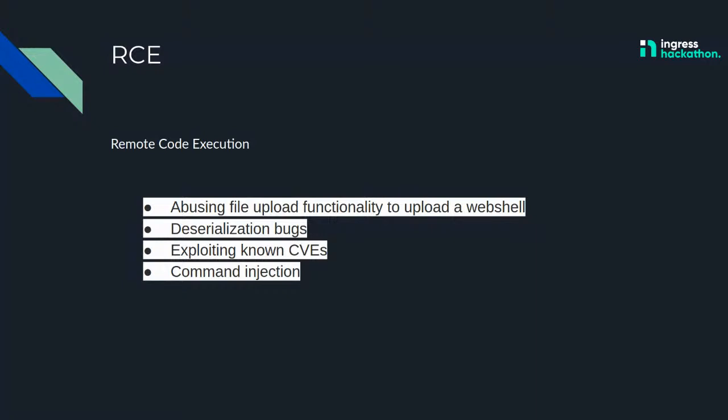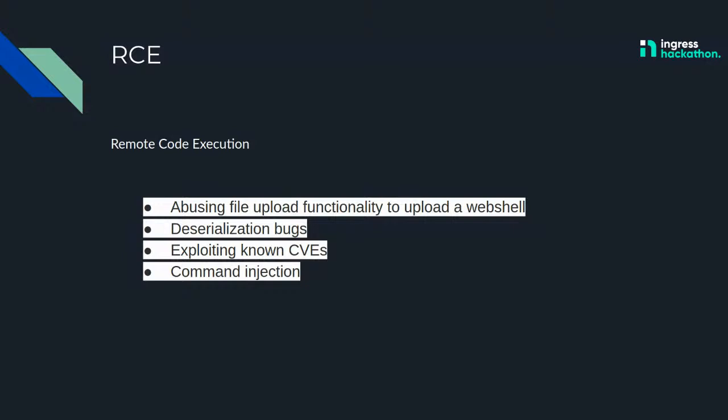Then deserialization bugs, which come under insecure deserialization vulnerability, in which serialization is a process of converting data to byte streams, and when the application deserializes it, you could exploit it to RCE. Then some other RCE methods is exploiting CVEs. CVEs, common vulnerabilities and exposures, is a standard given to known vulnerabilities in the format of the vulnerability which has been found.